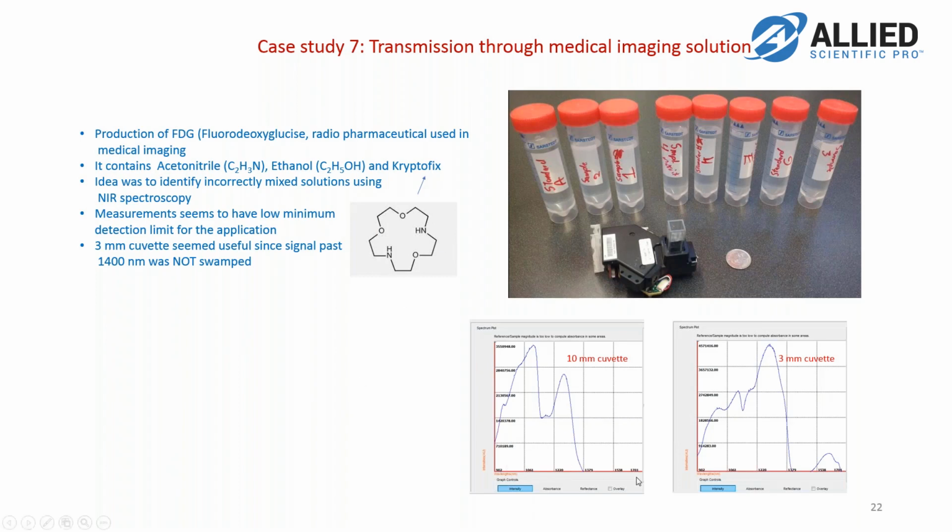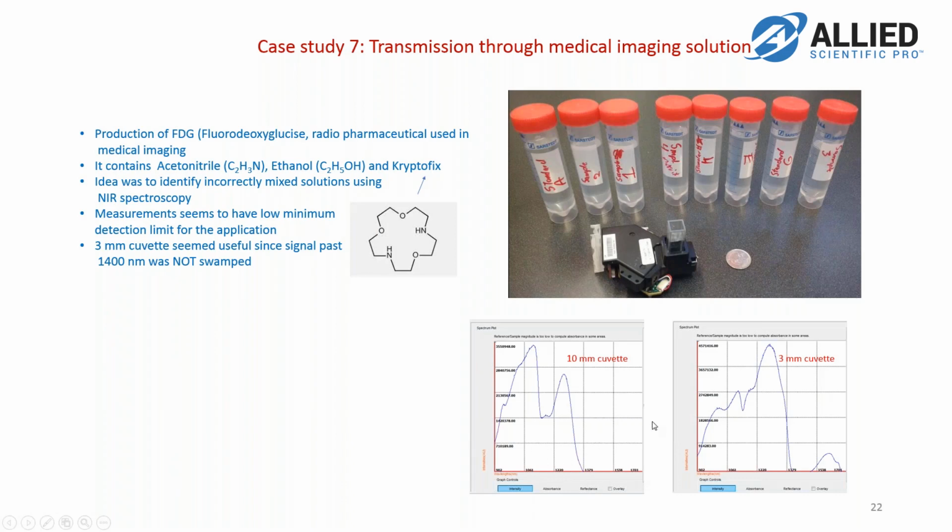The first thing we learned from this measurement is that because these samples were all water-based solutions, when you use a 1 centimeter thick cuvette, as shown here in the transmission module, the absorption by water is so strong that past 1400 nanometers you don't see any signal at all. So that was a drawback.